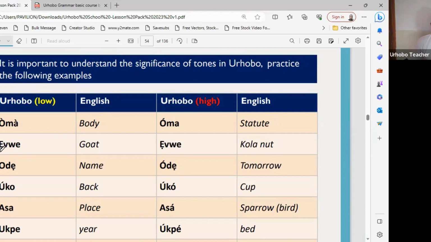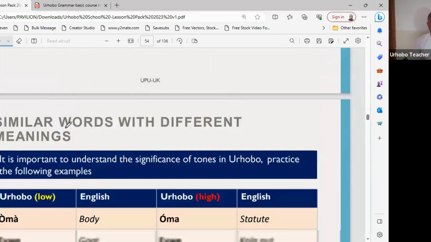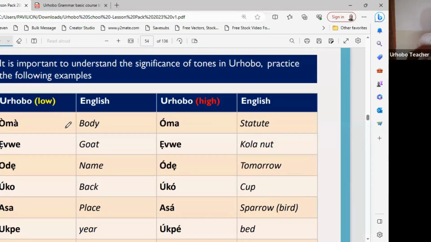Then let's see this one. Now, if you don't see any tonal mark, it means it is flat, which is the middle tone. The re, which is the middle tone, just flat. And this is, let's put the tone.